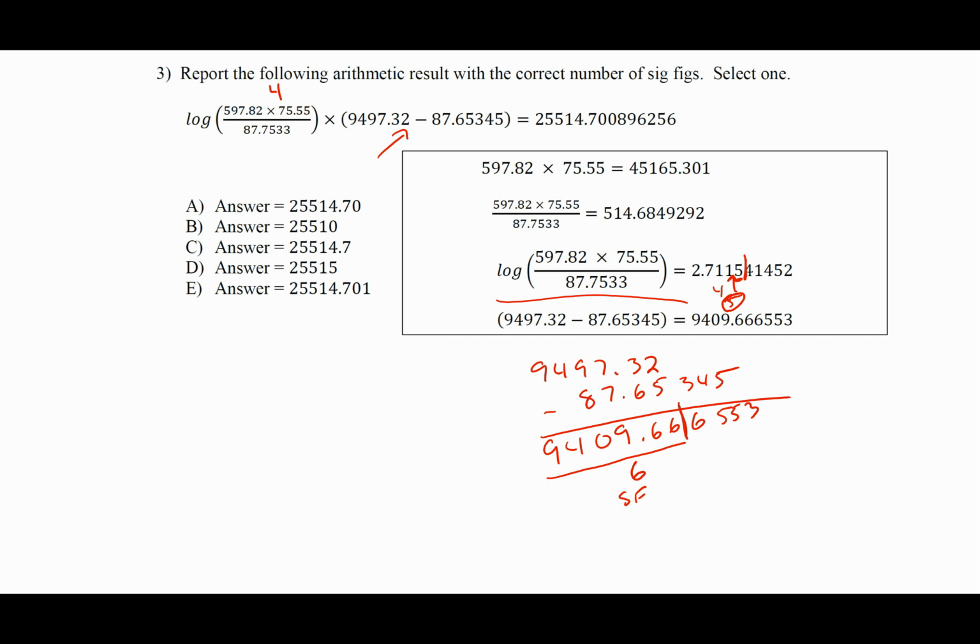So 5 will be our limit here, which means when we do this math, we can only have 5 sig figs, right? 1, 2, 3, 4, 5. Okay.